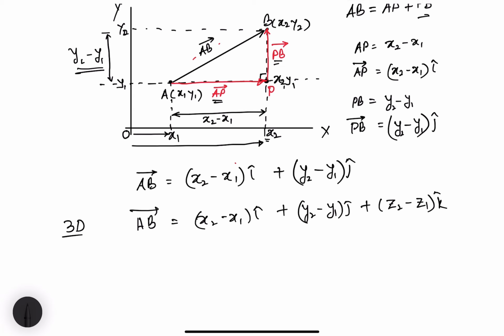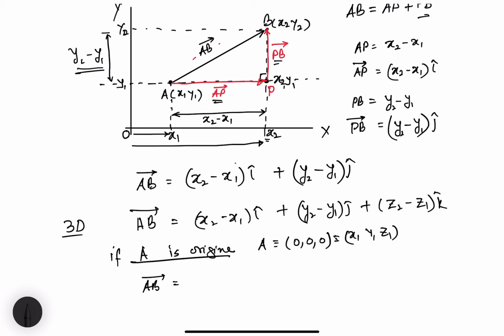Suppose A is the origin. If A is the origin, what will the coordinates be? 0, 0, 0. In that case, your vector AB will be, remember, A's coordinates are x1, y1, z1.